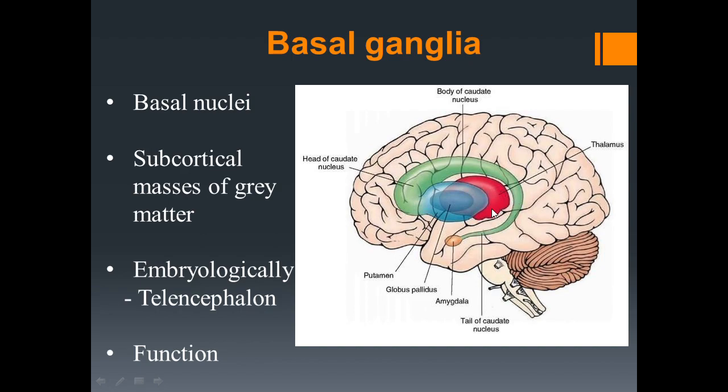In this picture, the red colored structure is the thalamus, and the basal ganglia are situated lateral to the thalamus. Embryologically, the basal ganglia are derived from the telencephalon, and their main function is to organize and coordinate motor movements and posture.